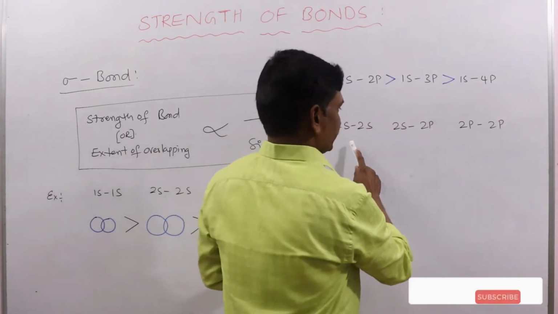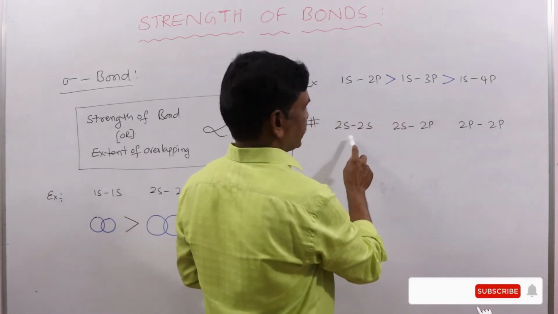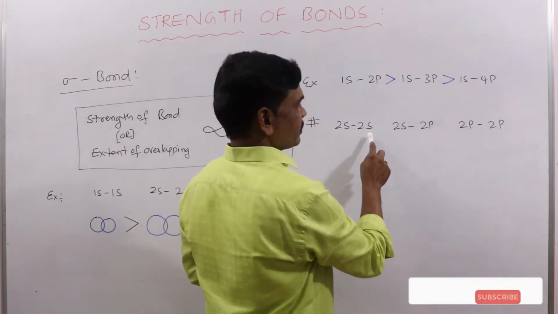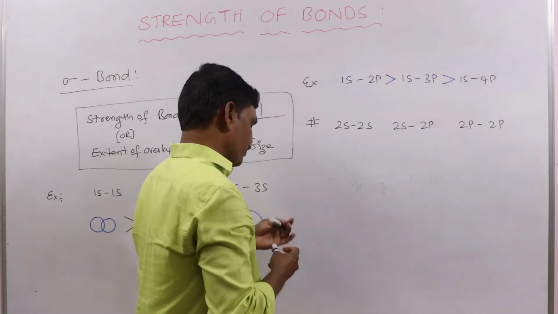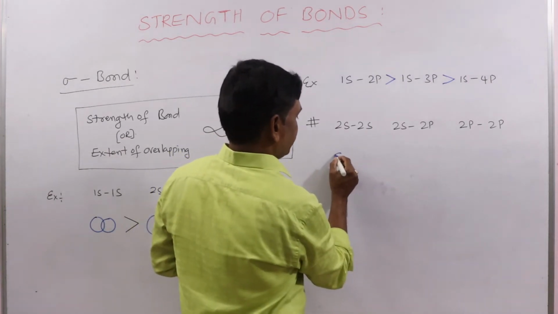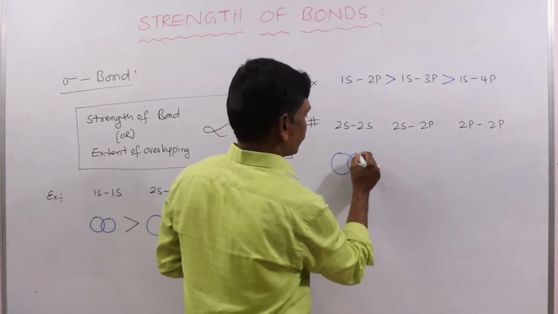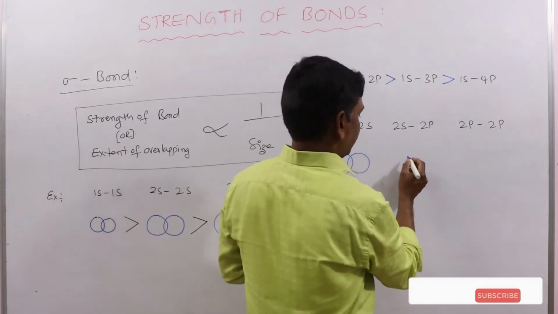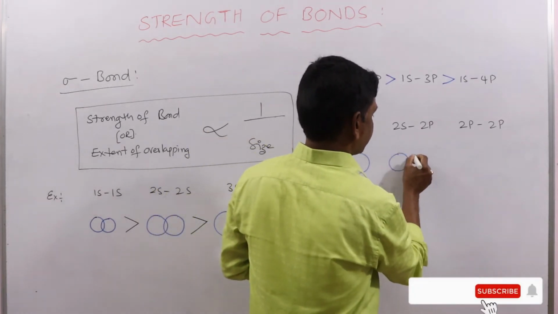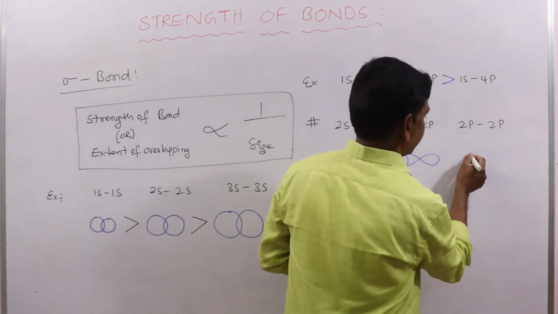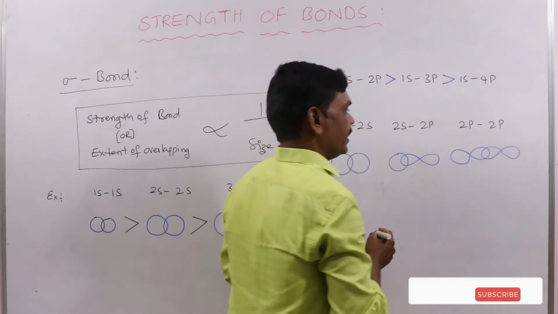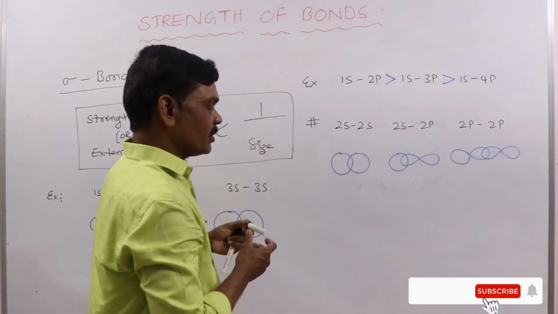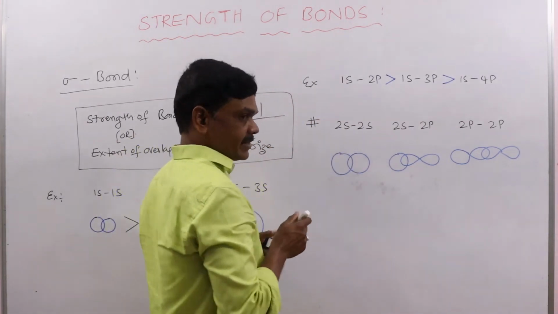Here we are comparing the strength of bonds between 2s 2s, 2s 2p and 2p 2p. This is overlapping between 2s orbitals, this is between s and p orbitals, and here it is between 2p orbitals.